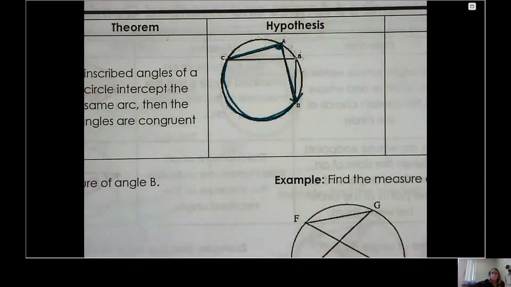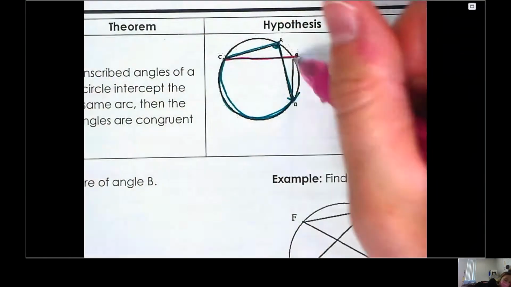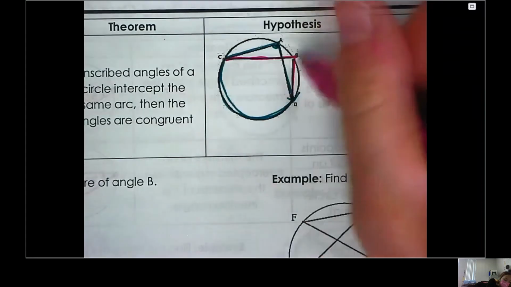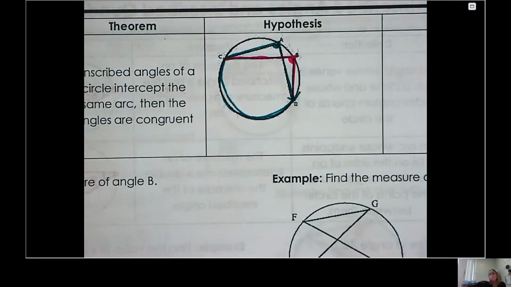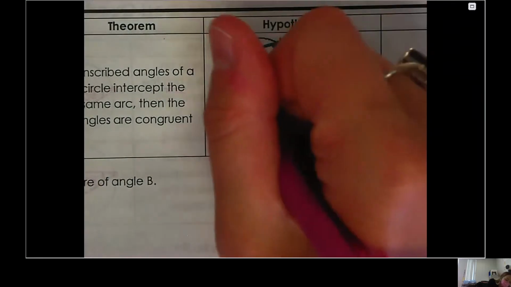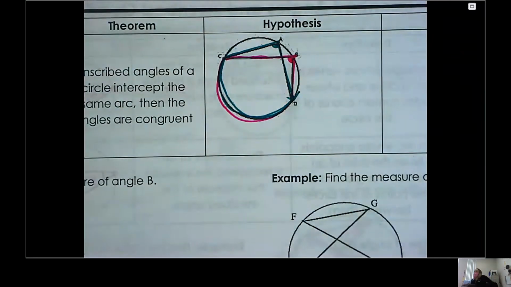There's a second angle right over here, angle CBD. Which arc does that one match up with? The exact same arc right over here. So that means those 2 have to be the same because of this.